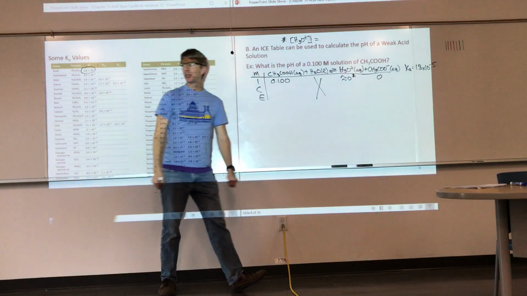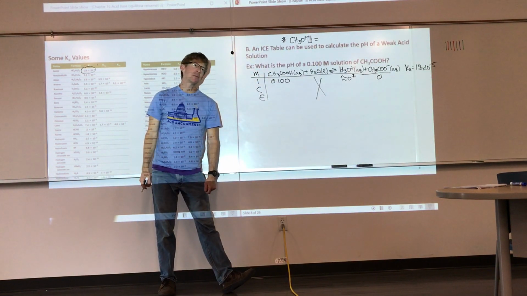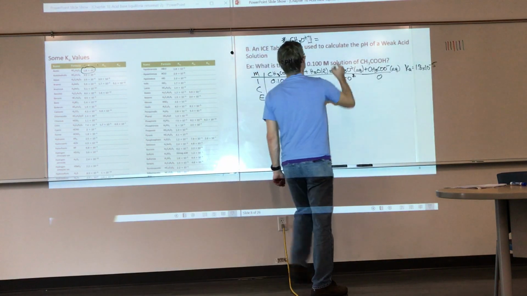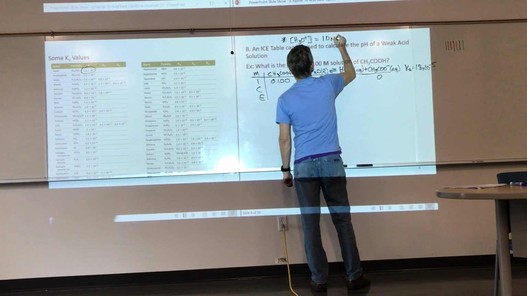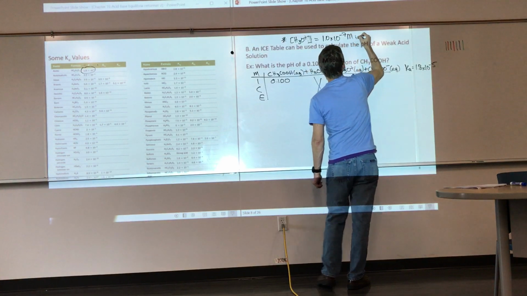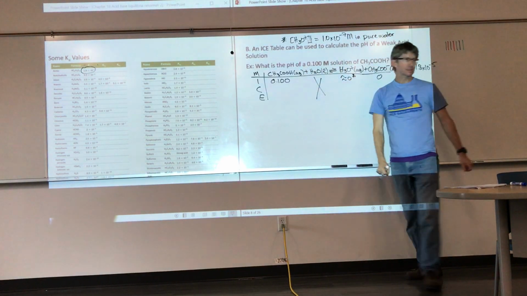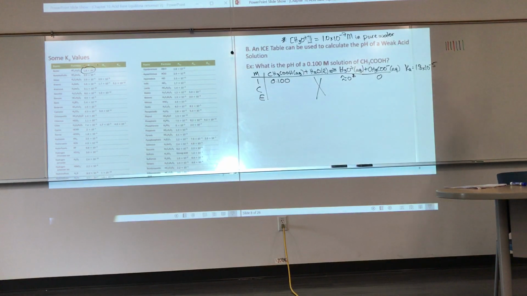The concentration of hydronium in pure water is 1.0 times 10 to the minus 7th molar. This is insignificant for solving this problem, because we'll see that that's close enough to 0 that we will make the approximation that it is 0.